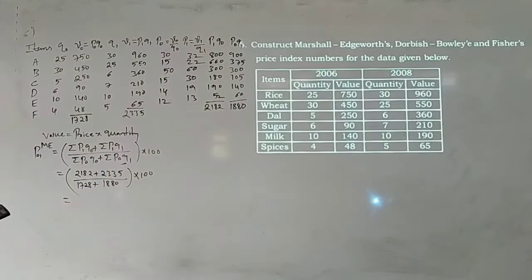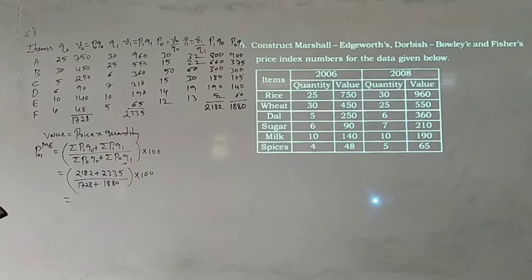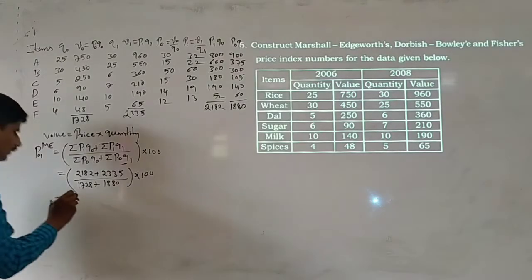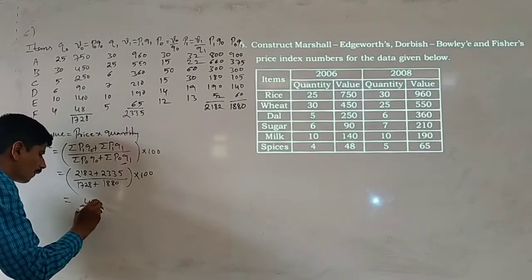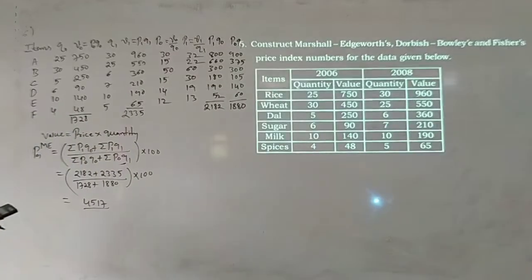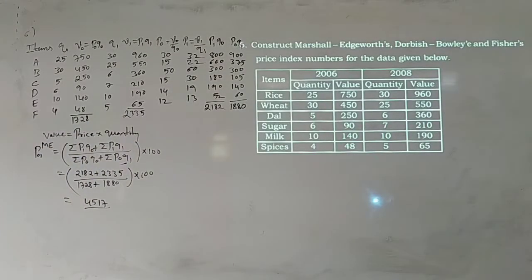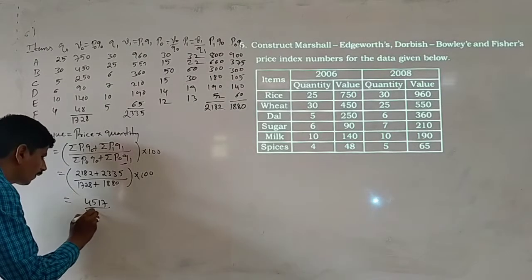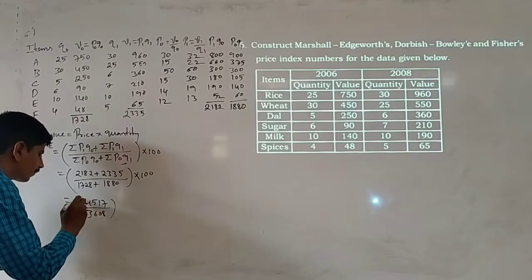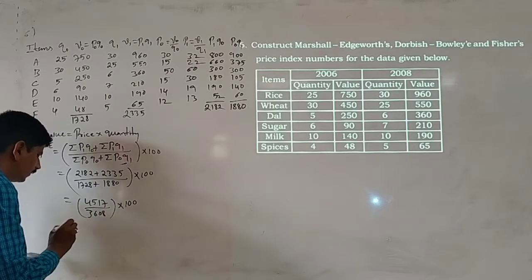Here 2182 plus 2335 is 4517, divided by 1728 plus 1880, which is 3608, into 100.